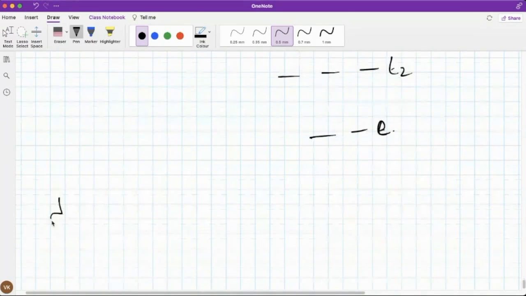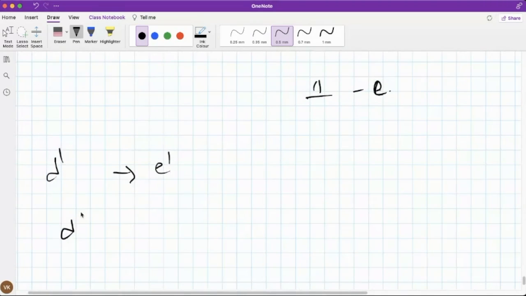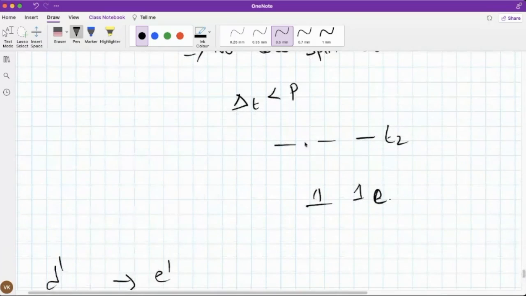For D1, it is like this. Then E2, then D3. Now, similar to that, we had a question whether it will go here or here.